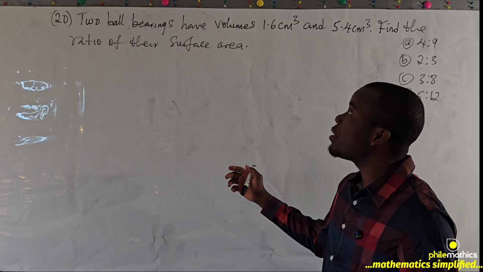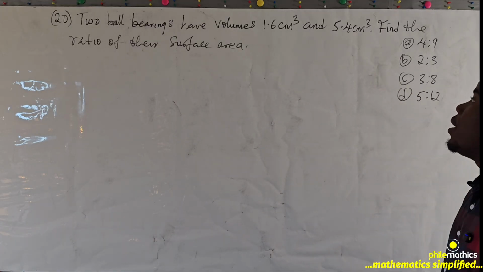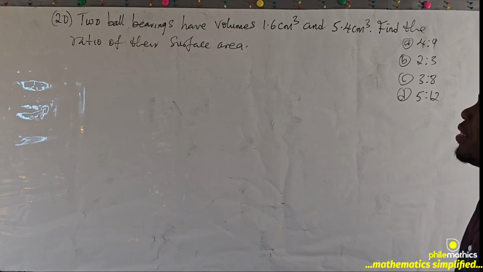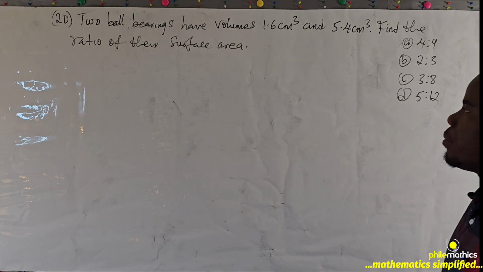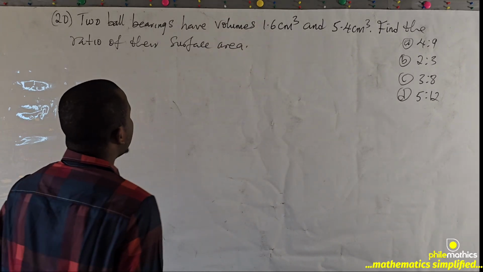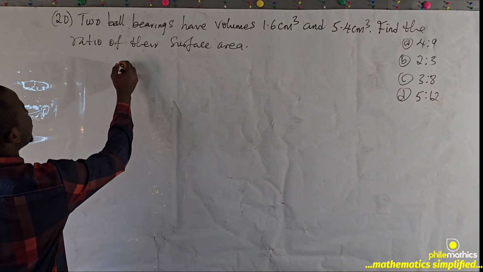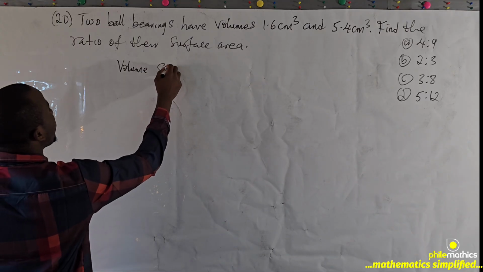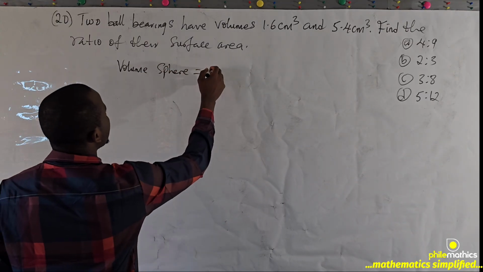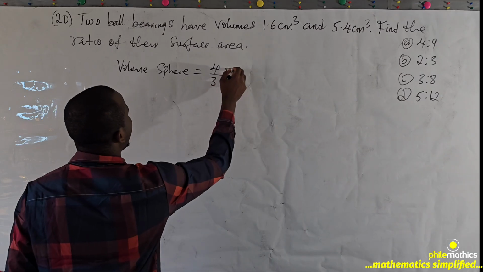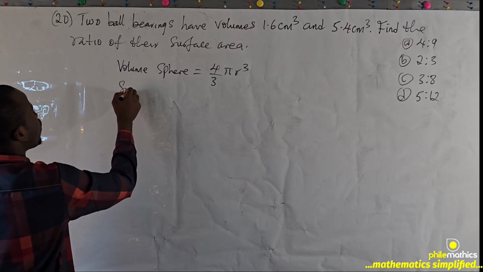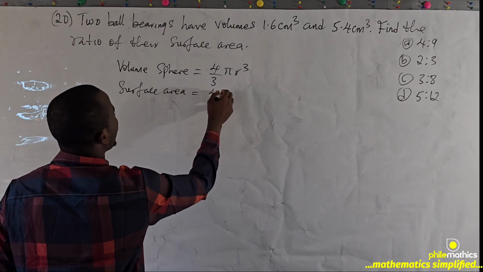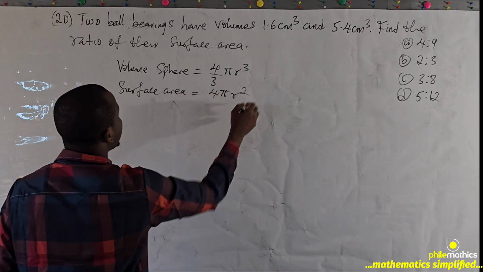Two ball bearings have volumes 1.6 cm cubed and 5.4 cm cubed. Find the ratio of their surface areas. Now, recall that the volume of a sphere is 4 over 3 pi r cubed, and the surface area is 4 pi r squared.